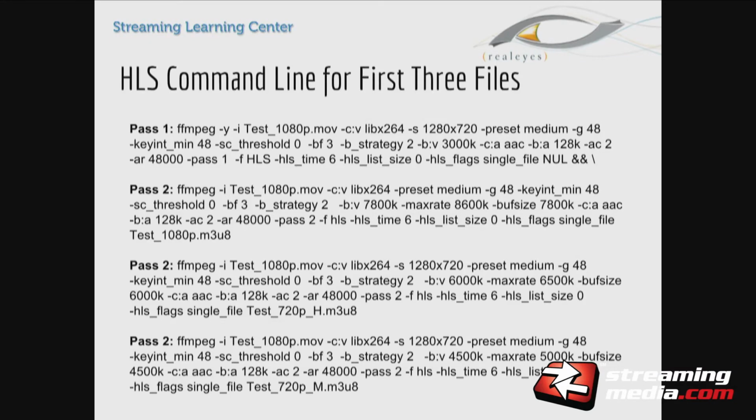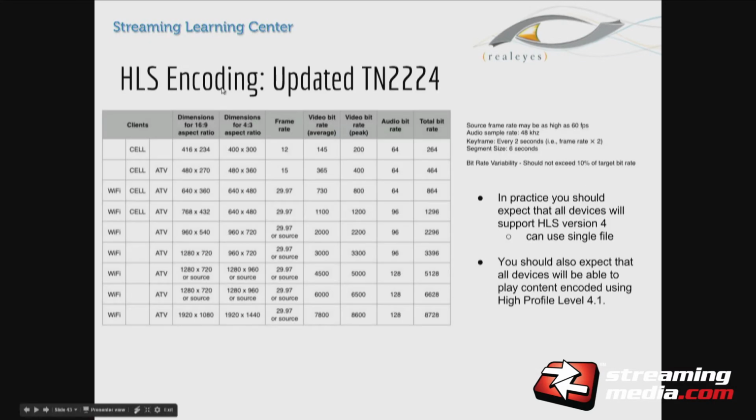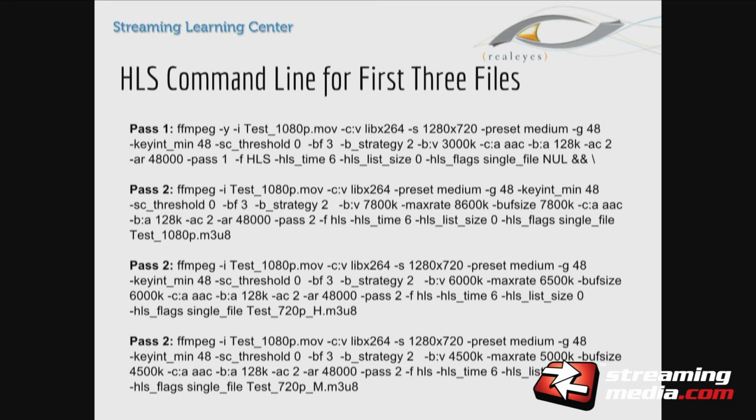And no extra charge. Here's the HLS command string for the first 3 files in TN2224. So if I was creating the first 3 files here, from the bottom up, this is what the command string would look like.